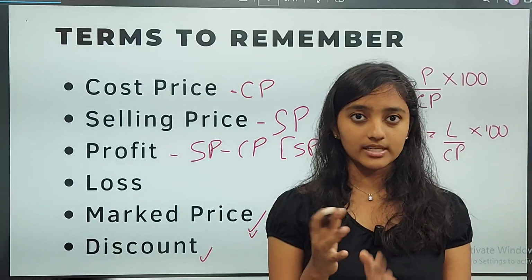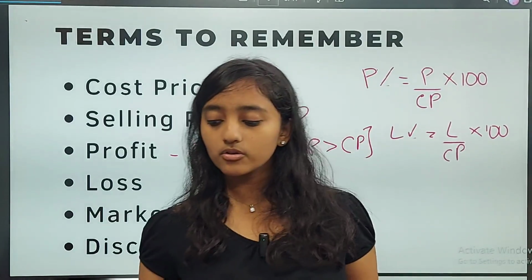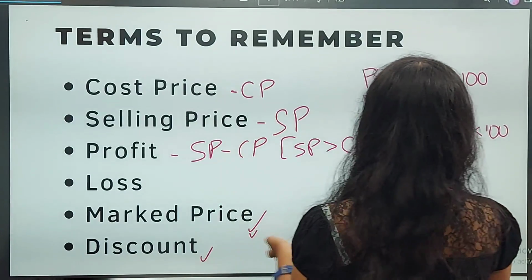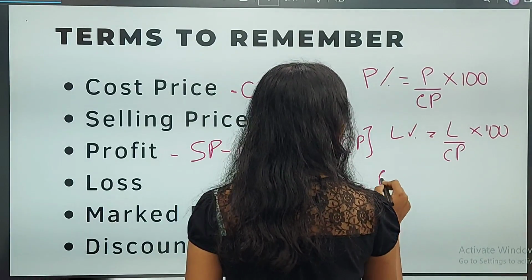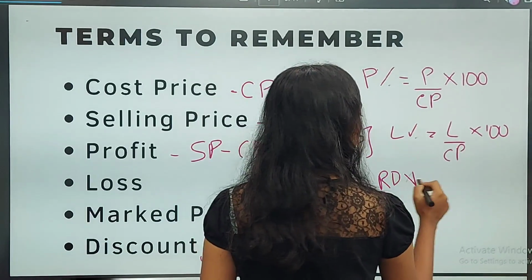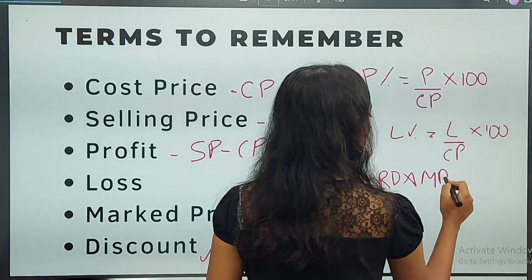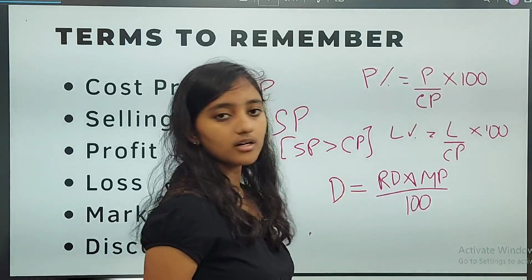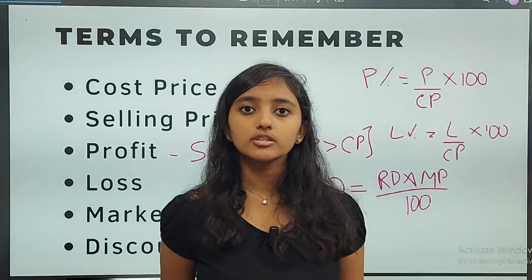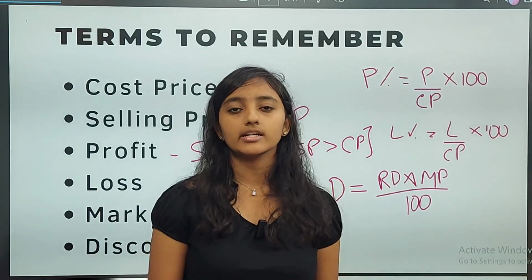If you're given the rate, discount is equal to rate into marked price by 100. That is, discount is equal to rate of discount into marked price divided by 100. Suppose you are getting a 10% discount on 10,000 rupees.